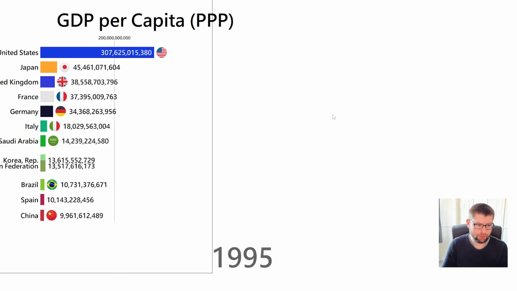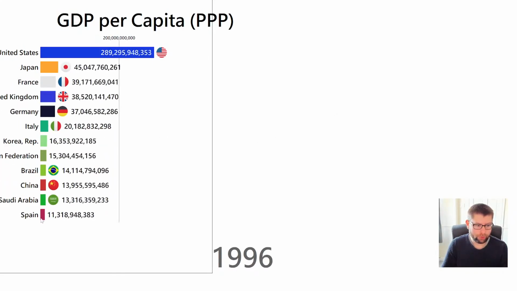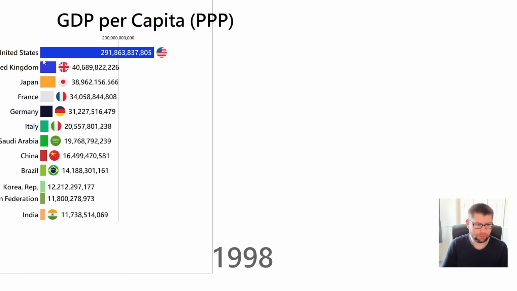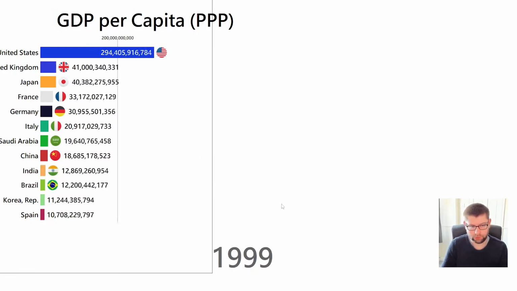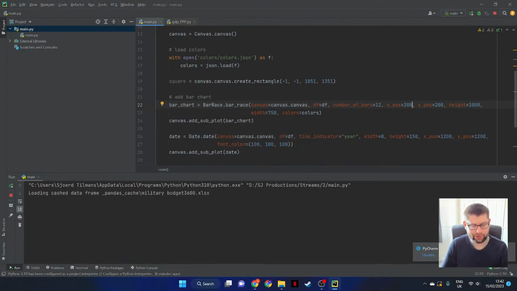Okay, that looks a lot better. The only problem is that it falls out of the screen and it is not high enough. So let's increase the height a bit, and let's shift the chart a bit to the right. So let's increase this to 200 maybe.